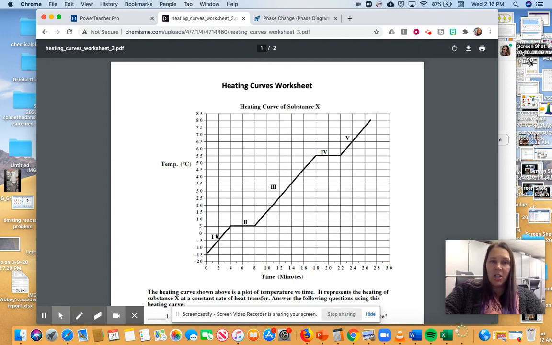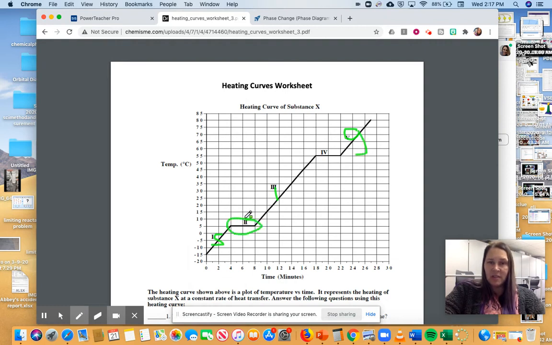So right down here, this is going to be your solid. This is going to be your liquid. This is going to be your gas. Now on this heating curve, this is when it goes from solid to liquid, so it will melt. In this case, this substance melts at 5 degrees Celsius. Now you have a liquid, temperature keeps rising. In this case, this is vaporization or boiling.